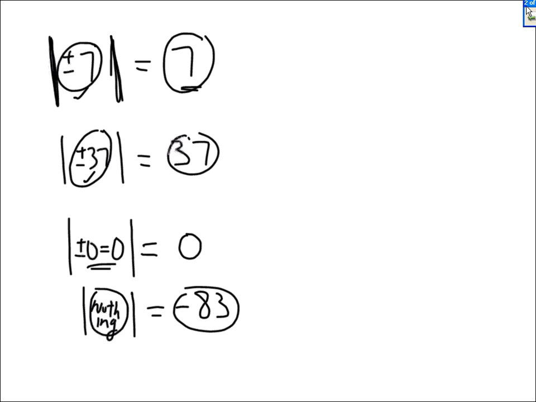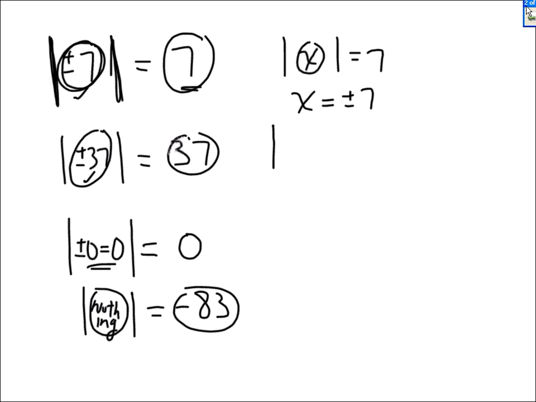So, if I called what goes in the bar x, I say the absolute value of x is 7. Well, ignore what that is for a moment. What can go in there? Well, we just did that problem. Plus or minus 7. So, x can be plus or minus 7.